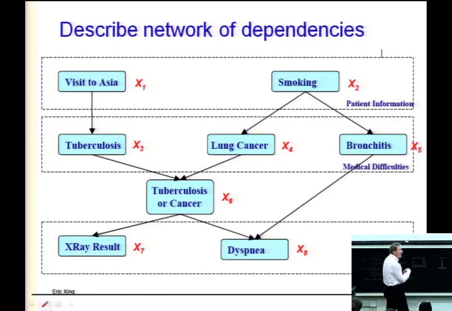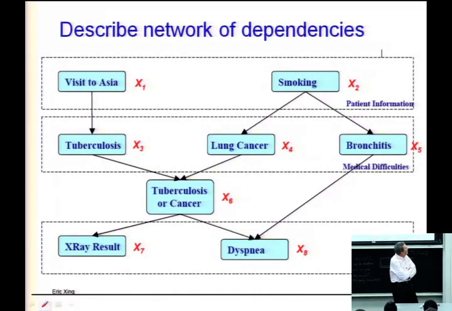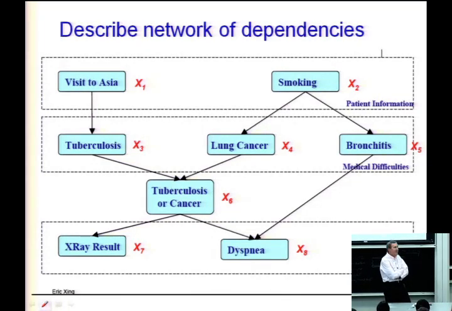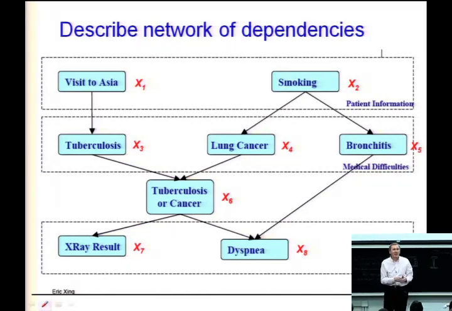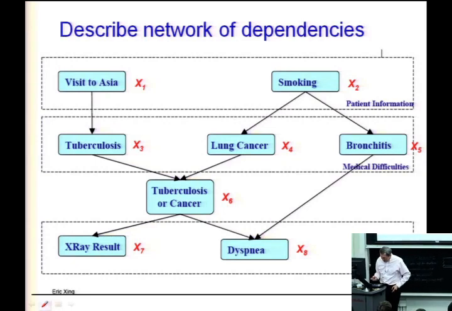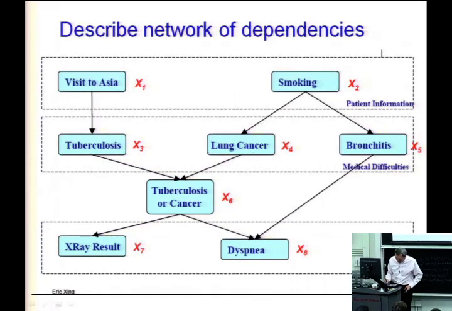And informally, we'll get formal here in just 1 minute, but informally what this Bayes net represents is the idea that there are a bunch of independencies, conditional independencies among this collection of variables. And the edges here really are a description of the dependencies among the variables. So for example, the outcome of whether you have lung cancer might depend on whether you're a smoker, but not so much on whether you visited Asia.